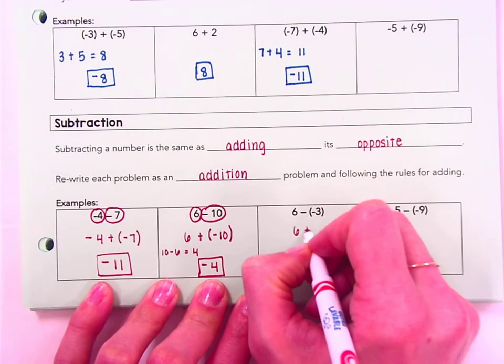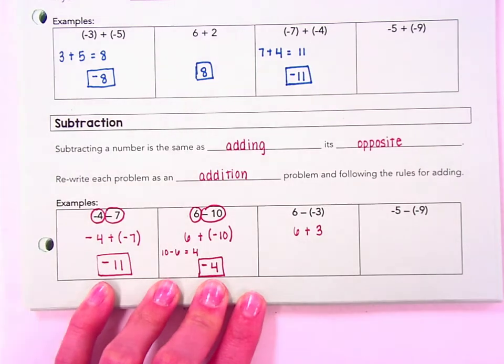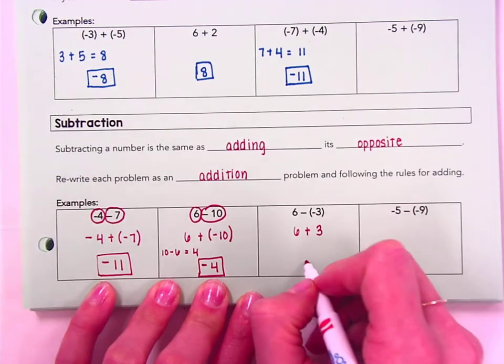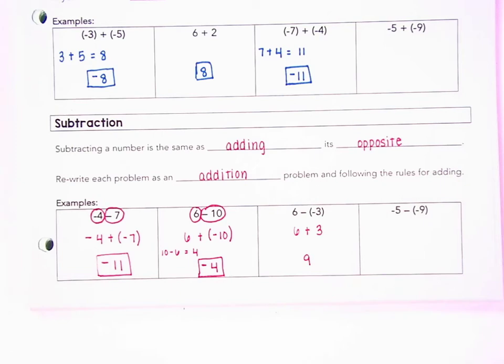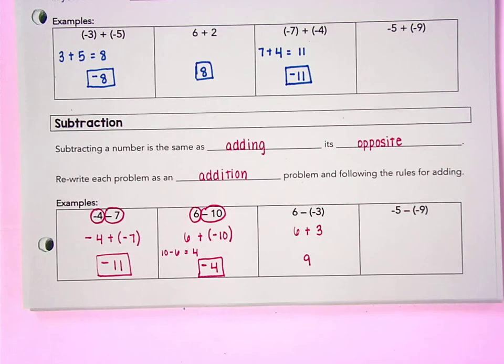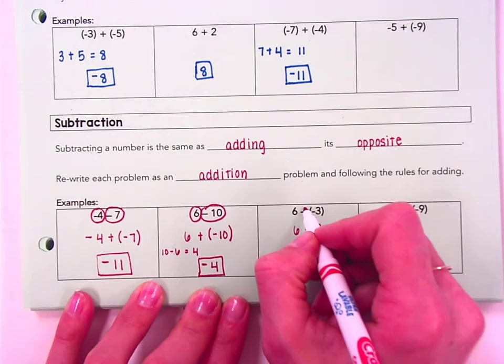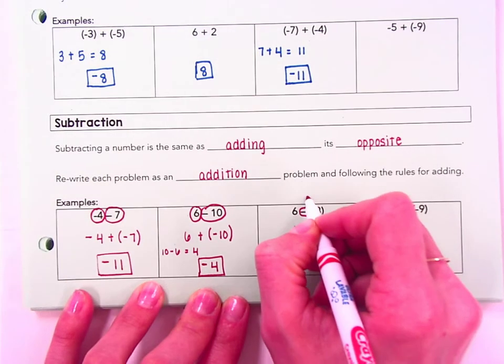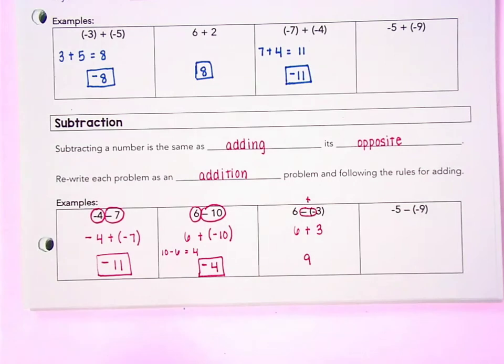So we have 6 plus 3. We know this is equal to 9. We can also think about double negatives, like "I cannot not eat dinner." Those two negatives cancel each other out and become a positive. So when we see these double negatives, we know they really mean that we're adding.